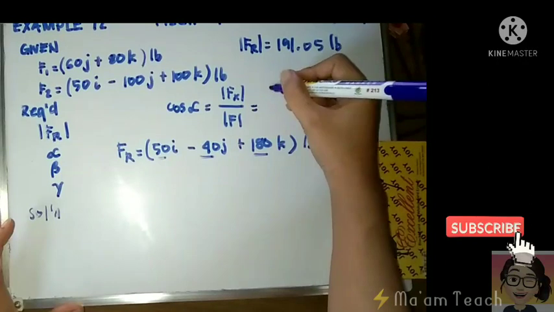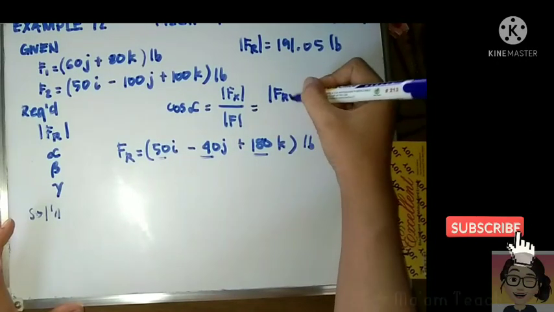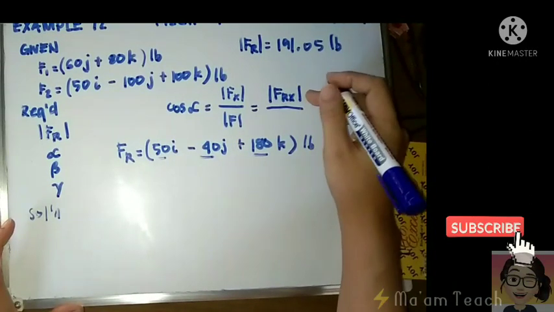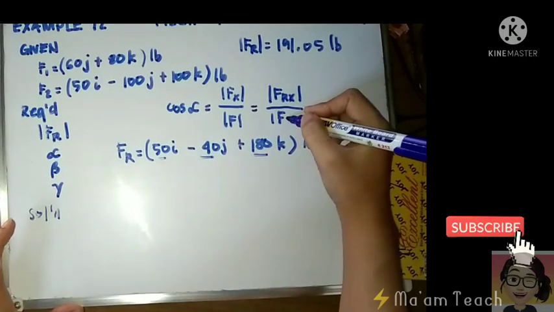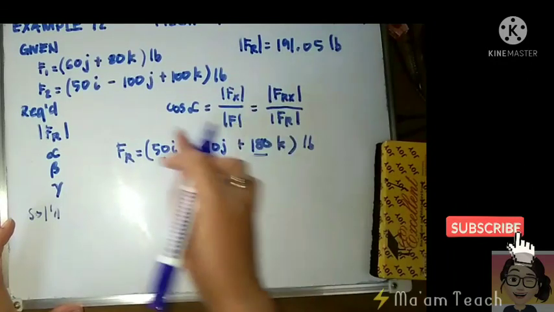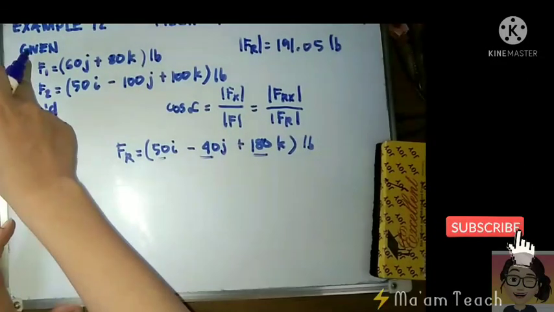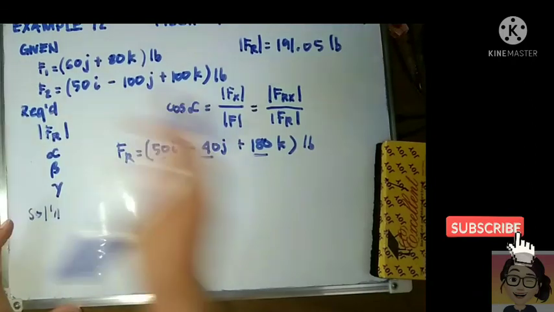According to the problem, it should be the coordinate angles of the resultant, so we use the values of the resultant, not the components of the individual forces.